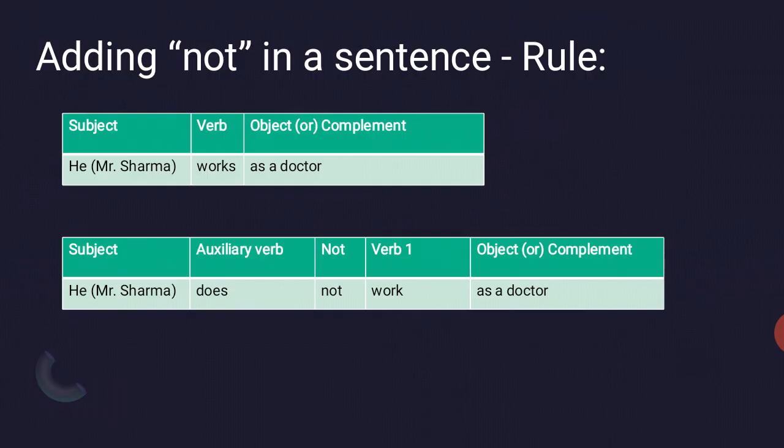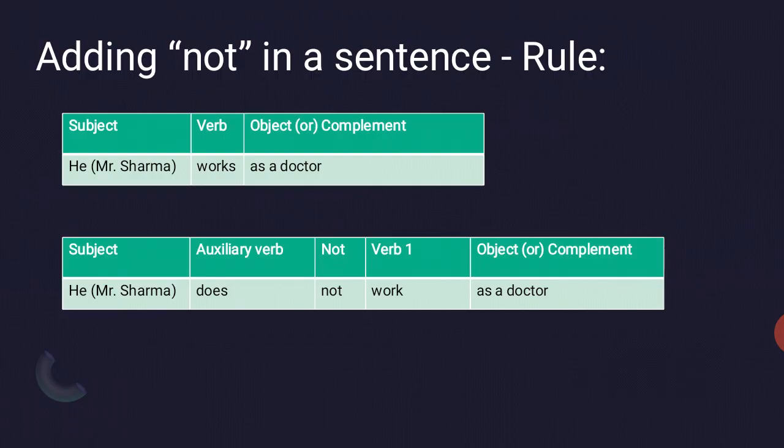I already told you, you have to split that verb. That means, because it is a singular subject, it follows with a singular verb, which is works. And the pattern is subject plus auxiliary verb plus noun plus V1.